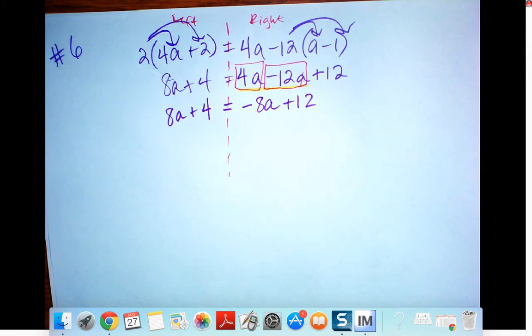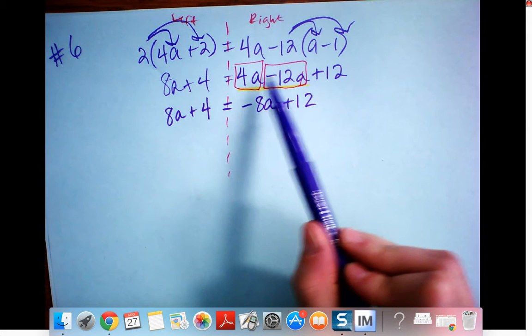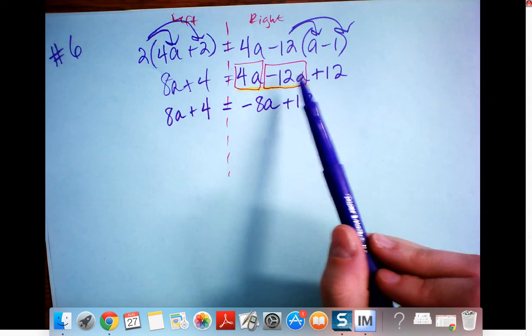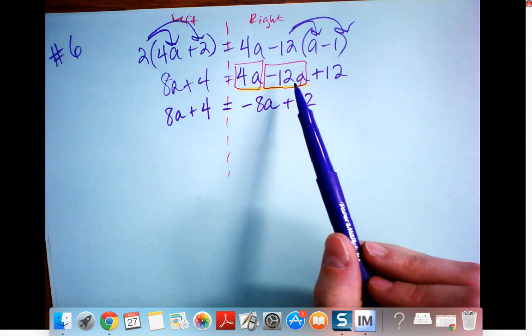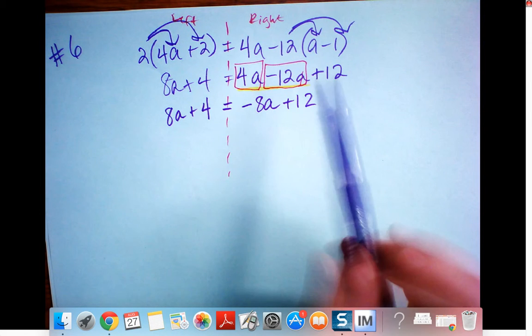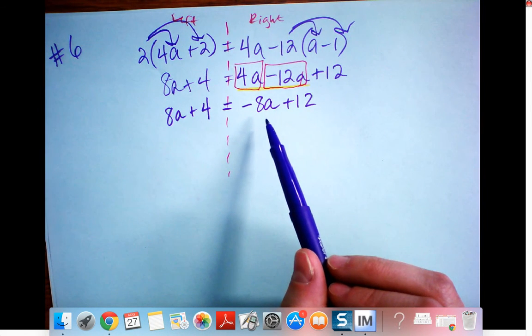Okay, again, if you have variables that are on the same side of the equation together, you just combine them with the operation that they originally have. Okay, now we have variables on the opposite side.